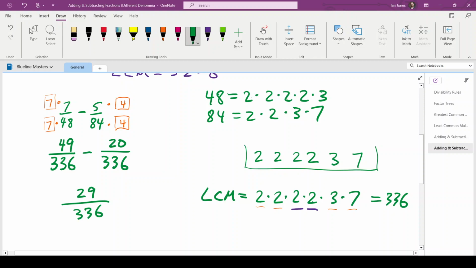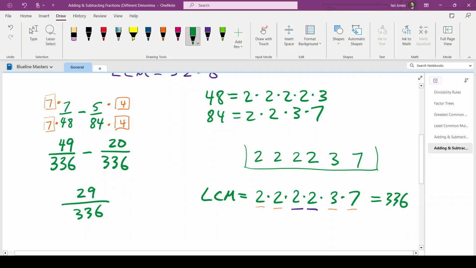All right, now at this stage, I'm not quite done. I have to see, can I reduce this? And this is one place where the divisibility rules come in really handy. If I factor 29, and if it has any of the factors that are here, then I can reduce.